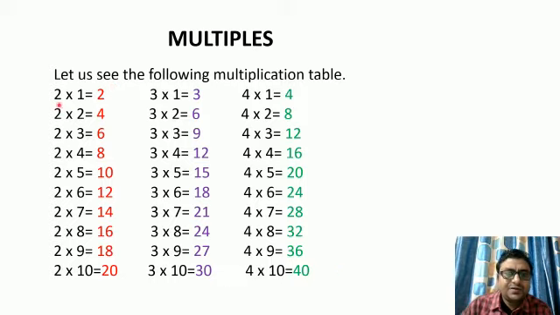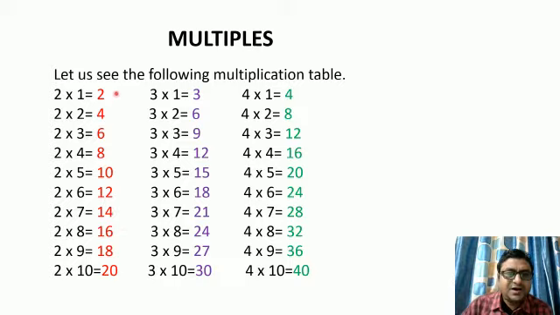So this is a multiplication table of 2, this is a multiplication table of 3, and this is the multiplication table of 4. So the products we are getting here, 2 ones are 2, 4, 6, 8, 10, 12, 14, 16, 18, 20.